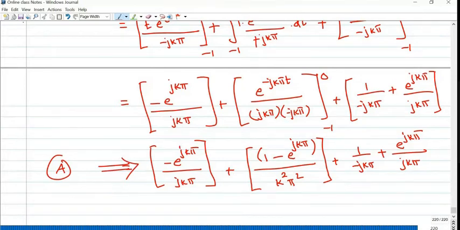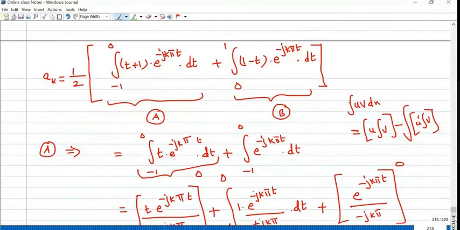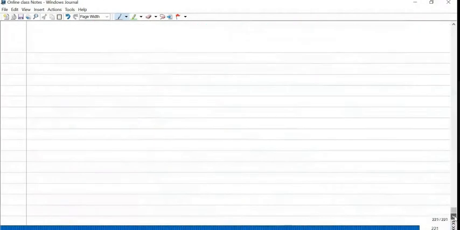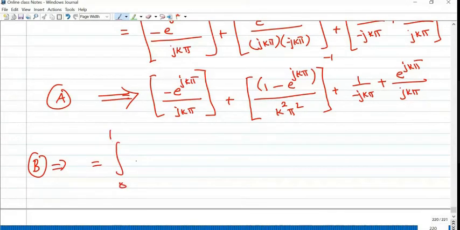Okay. Similarly, we have to solve for b. What is b term? 1 minus t. 1 minus t e power minus jk pi t. Part b. Integration 0 to 1. 1 minus t into e power minus jk pi t dot dt.